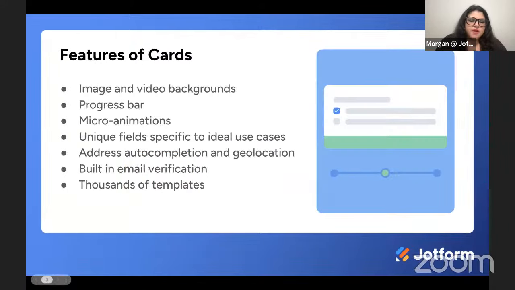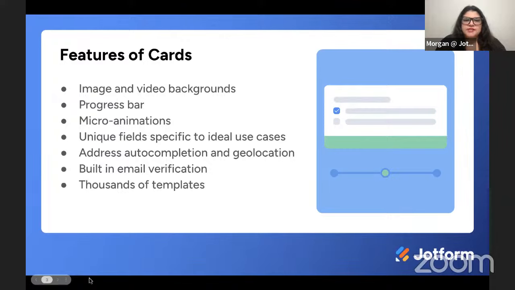There are a number of features of cards that set them apart from classic forms. On the next slide, I'll talk about some of the fields specifically, but I also wanted to talk just generally about the features. So you will find that card forms look different from classic forms, both in their layout, but also in the way each question is laid out and structured. There are additional features as well, like address autocomplete and geolocation, as well as email verification.